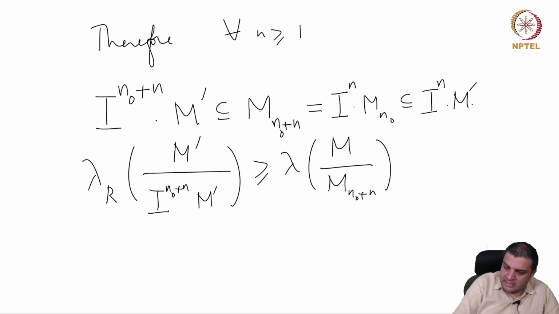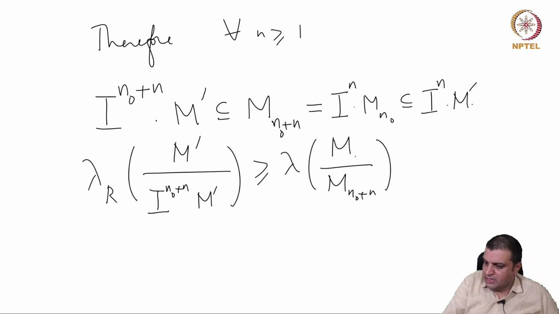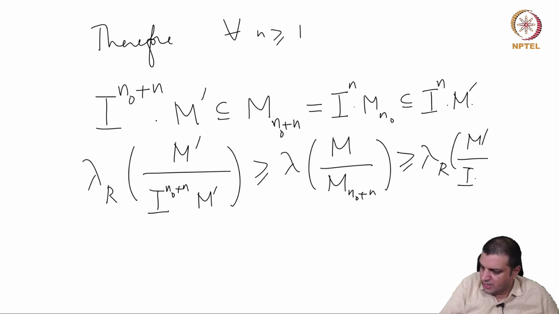That is just from this relation. These two are anyway equal, and this is greater than or equal to the length of M prime mod M prime_{n0+n}. So we get this result.